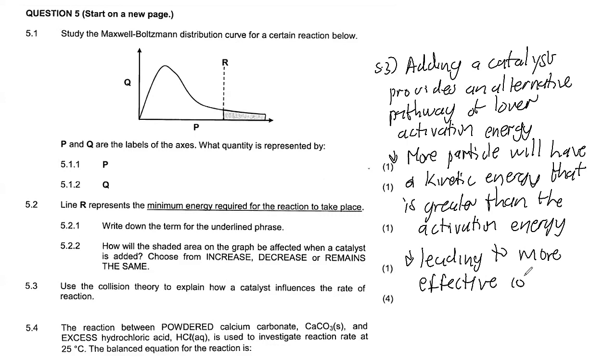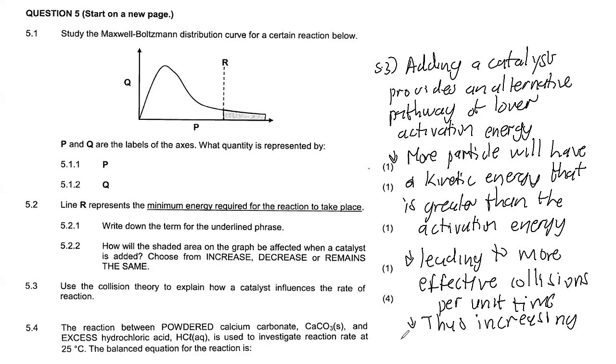So leading to more effective collisions per unit time. And then, of course, if we have more effective collisions per unit time, this will obviously increase the rate of reaction. Thus increasing the rate of reaction.